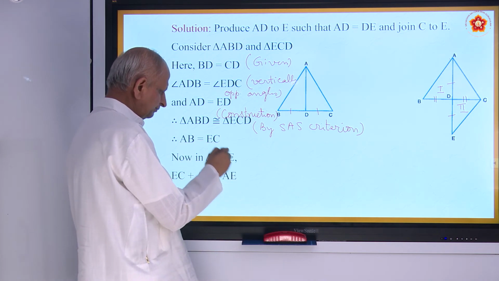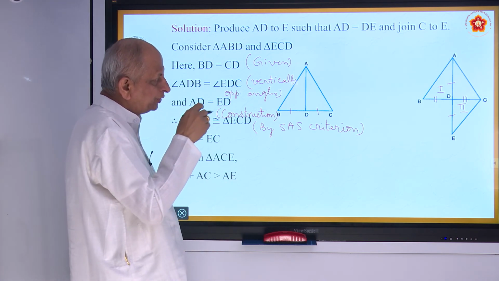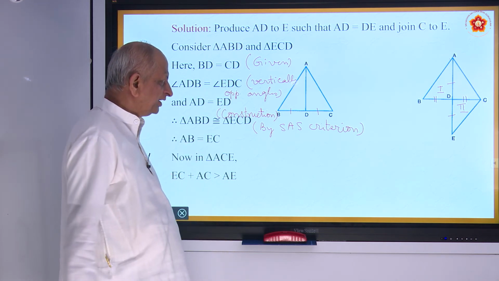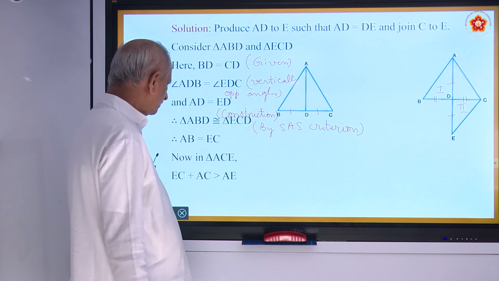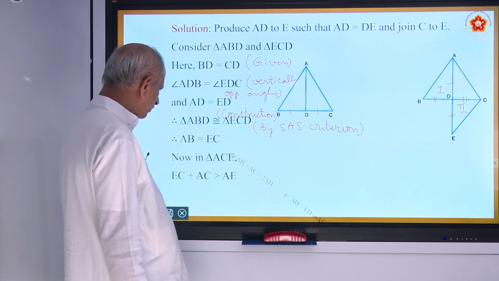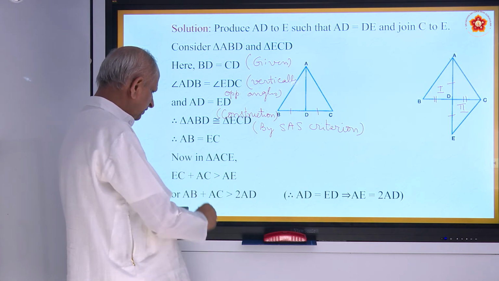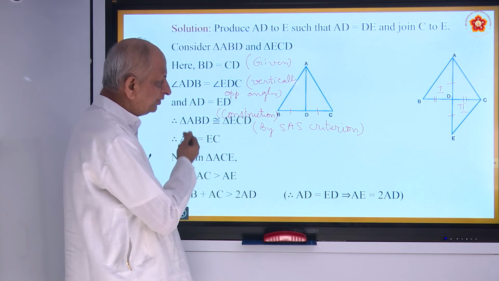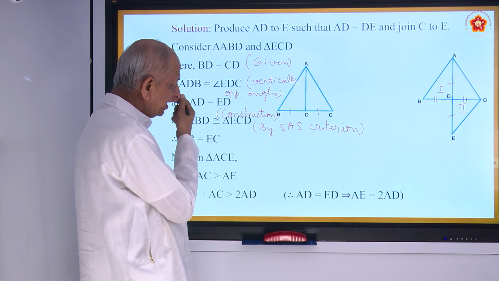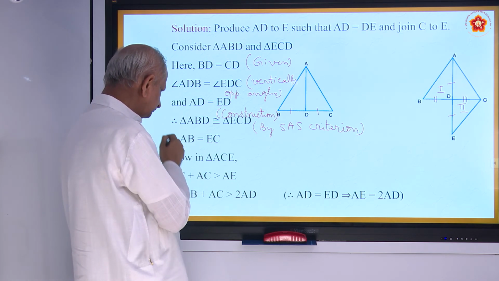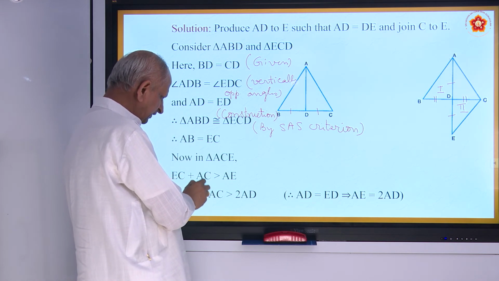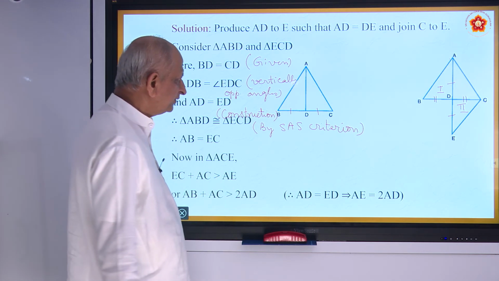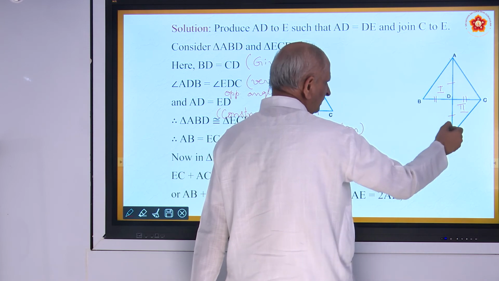So by the theorem, EC plus AC, the sum of the two sides, is more than the third side. And therefore we can write AB plus AC, because EC is equal to AB.